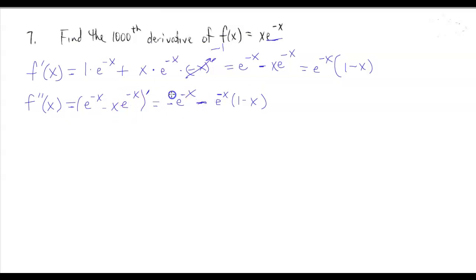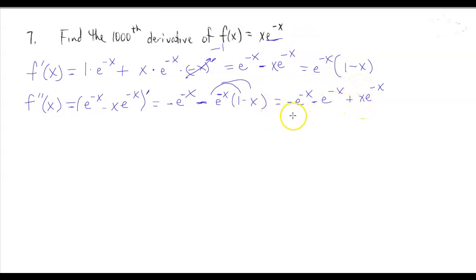So if we do that, then if I distribute this negative e raised to the negative x to both terms, what I end up having here is negative e raised to the negative x minus e raised to the negative x plus x e raised to the negative x.